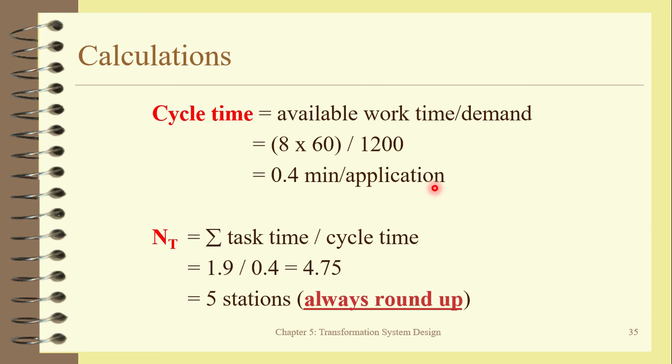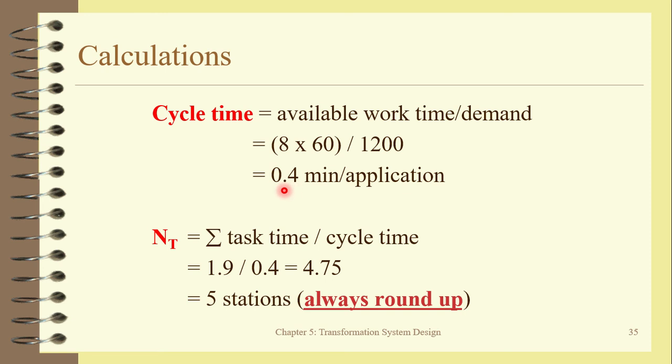Please pay attention to the calculation and the concept of the cycle time. Please remember that at the end of this cycle time, or at the end of the 0.4 minute, every worker who works in the line must send their finished job to the next worker, every 0.4 minute, right? So every cycle time, every worker has to send their work to the next workstation.